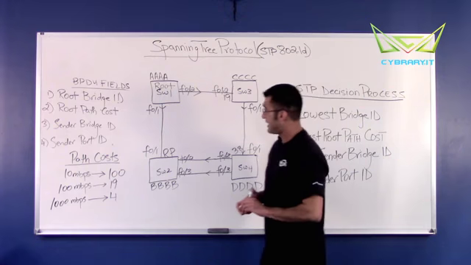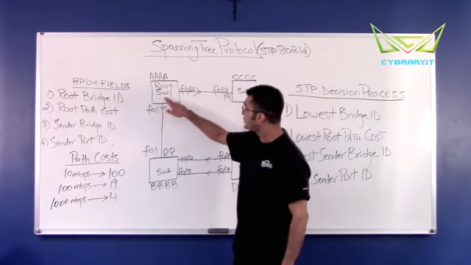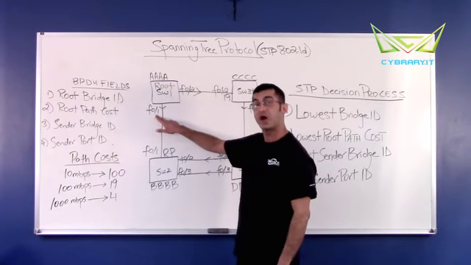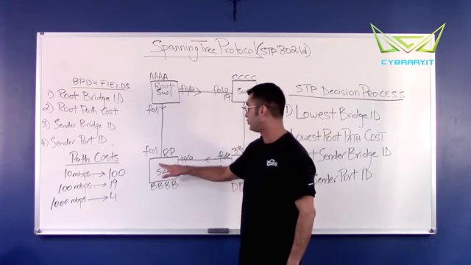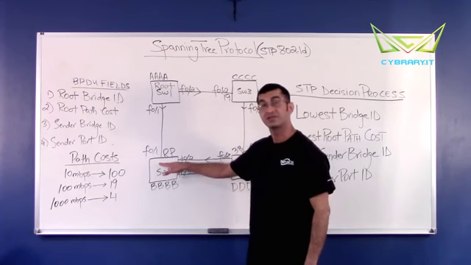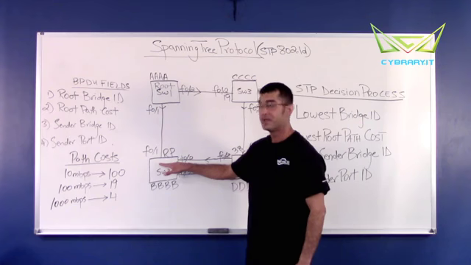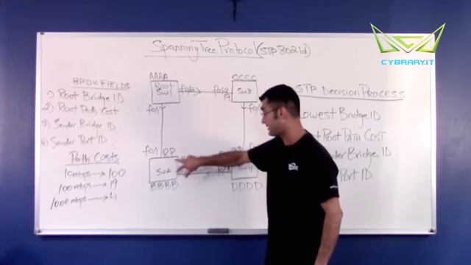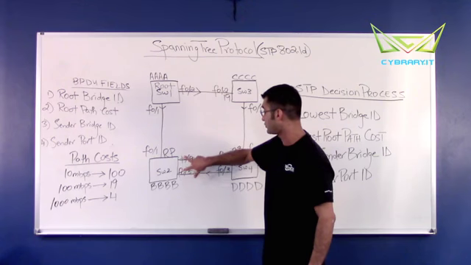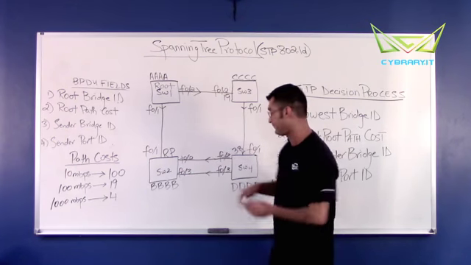Now, again, another BPDU leaves switch 1 F0/1 with a root path cost of 0, and enters switch 2 F0/1, and the cost is incremented to 19. The same BPDU traverses switch 2, and the cost is not incremented when it leaves switch 2 F0/2 and F0/3.